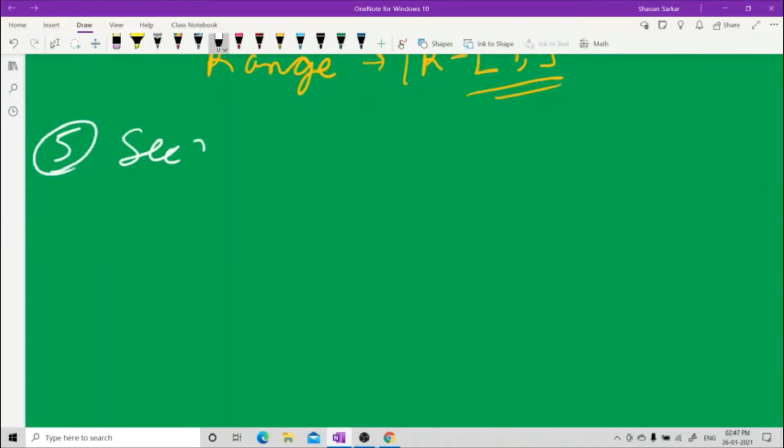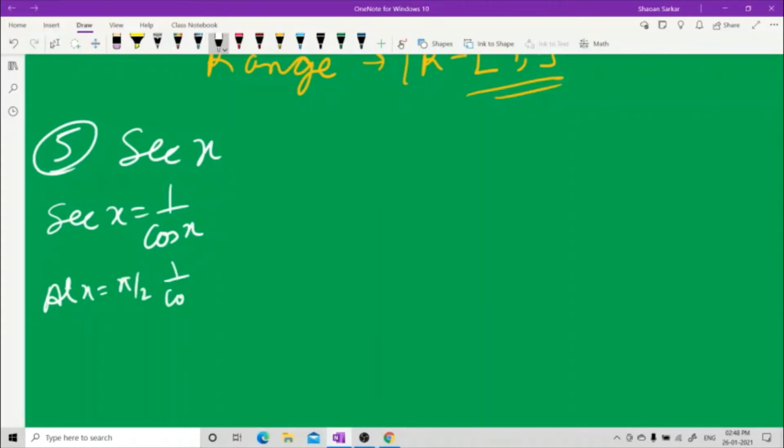Sec x means 1 upon cos x, and at x equal to pi by 2, cos pi by 2 becomes zero, so 1 upon cos x becomes infinity. At x equal to 3 pi by 2, 1 upon cos 3 pi by 2 tends to infinity. Let us draw the cos graph now.